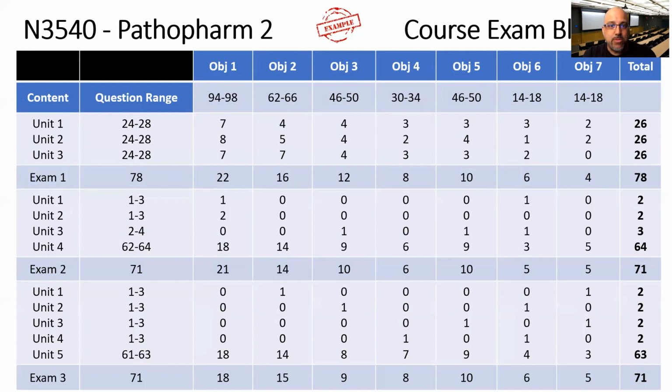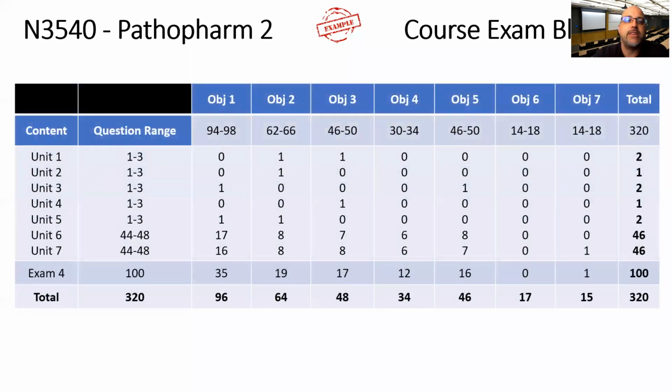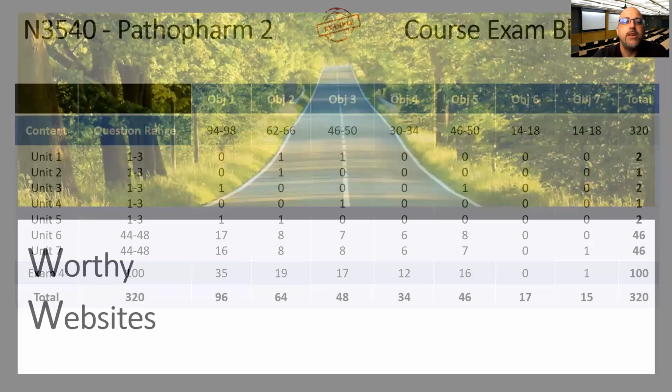And then exam 3, unit 5 is the primary, units 1 through 4 are secondary, a few questions in there. And then on this last slide for the test blueprint, 1 through 5 are just a few questions from each, and then units 6 and 7 are the primary crux of that assessment and how they met the objectives. And again, meeting the 320 over the entire course of the semester.